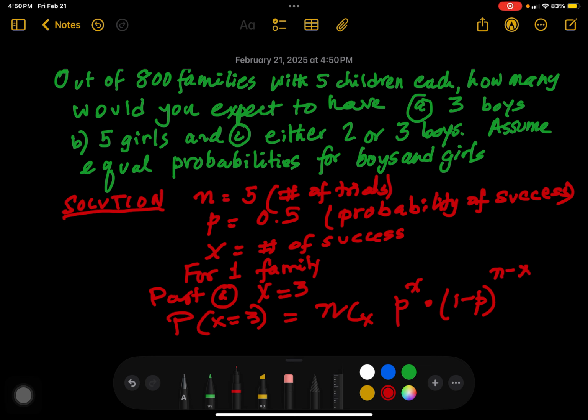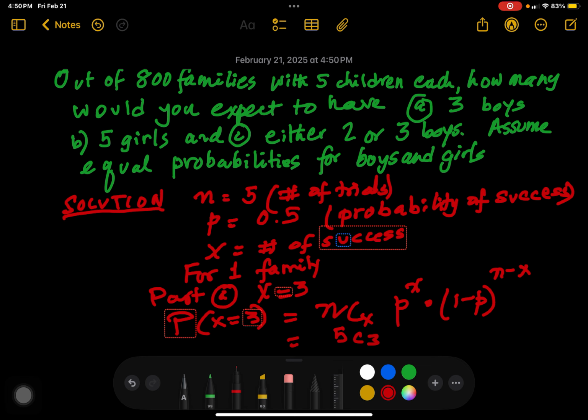In our case, n is 5, and C is a combination. So 5C3 is how many ways you can arrange 3 items out of a total of 5 without regard to order.